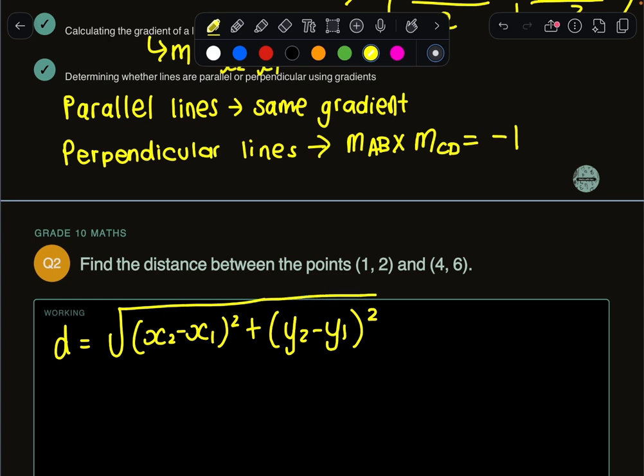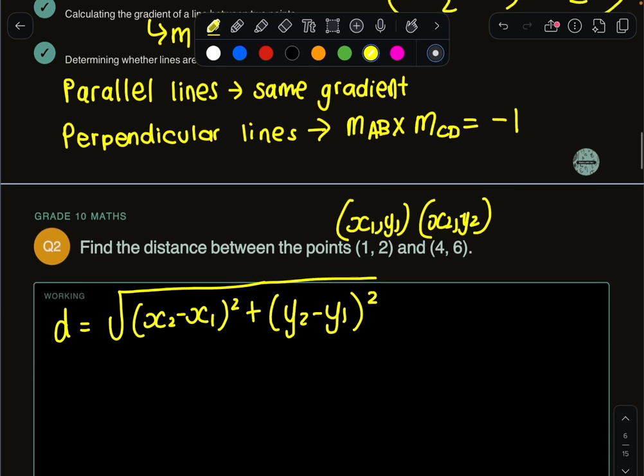Okay, so I usually just label my points. So I'm just going to say this is x1, y1, just so you're not mixing up any values. Doesn't matter which order you do it in, really. x2, y2.